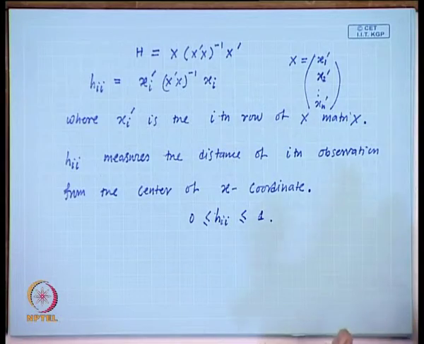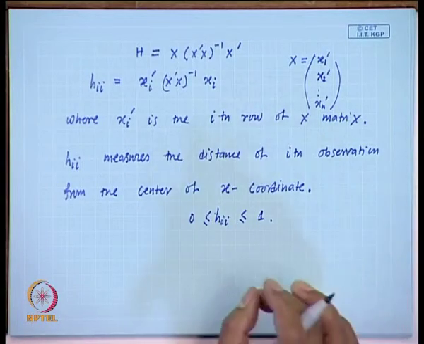So, the message I want to give is that HII is the ith diagonal element of the hat matrix H, and it measures the distance of the ith observation from the center of the X coordinate. Now you recall the definition of a leverage point.